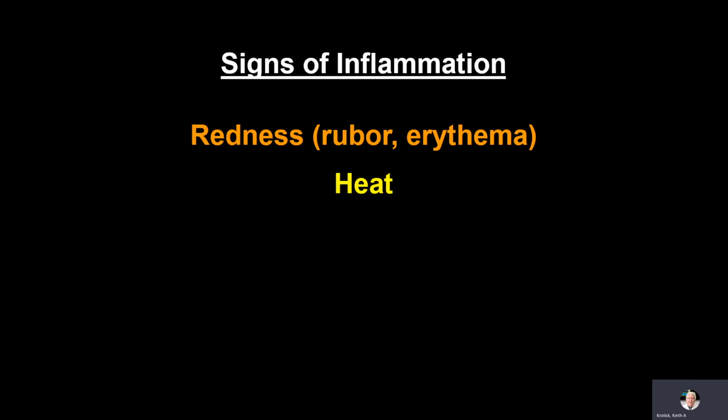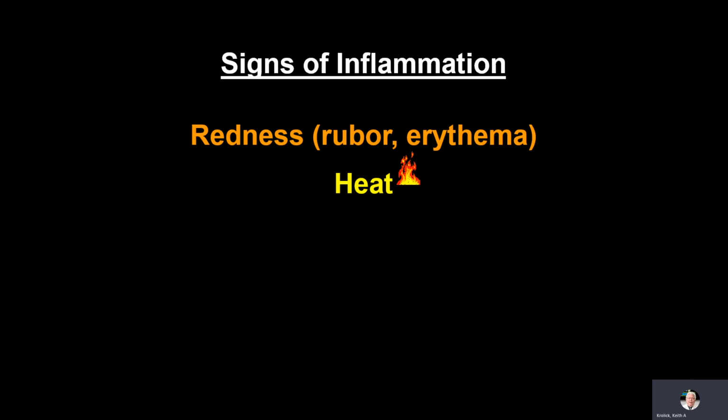Well, there are also ways in which this increased temperature can occur locally. So surrounding the infected area where we cut our finger, what we would observe is that there would be an increase in body temperature.